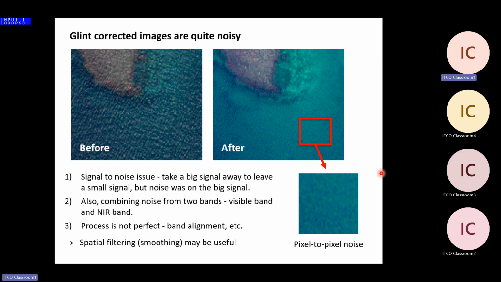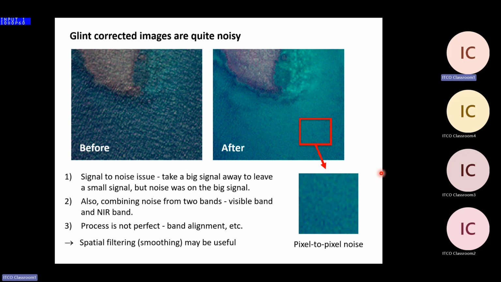But there are some caveats, and this is one of the reasons why I talk about this, because I know people use this method a lot. The first thing is that the result is quite noisy, for various reasons. One is you're combining two bands when you do this. You're using the near infrared band to correct a visible band, so you combine the noise from two bands as well.